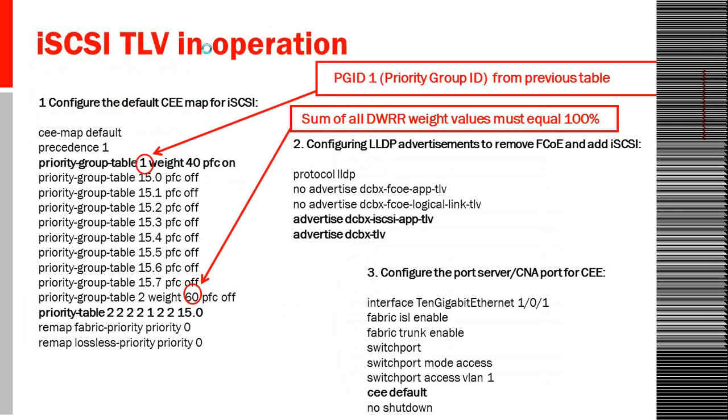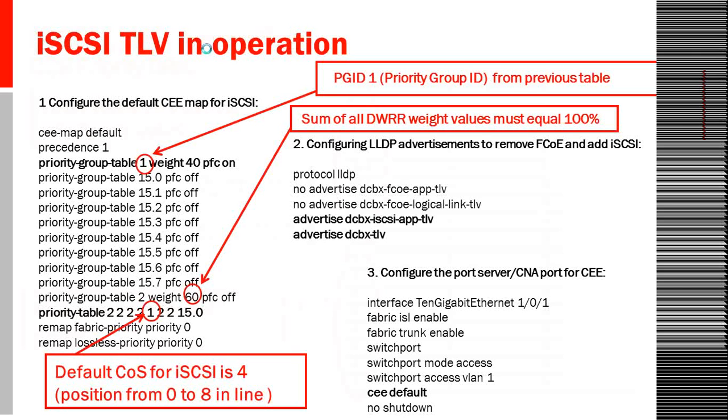We're letting that have 60% of the traffic, but PFC is off, priority flow control, so in other words it's non-lossless. So really what we're doing is using PGID 1 at the top line there for iSCSI TLV with a guaranteed bandwidth, because PFC is on, of 40%. So we're guaranteeing lossless 40% of traffic for iSCSI.